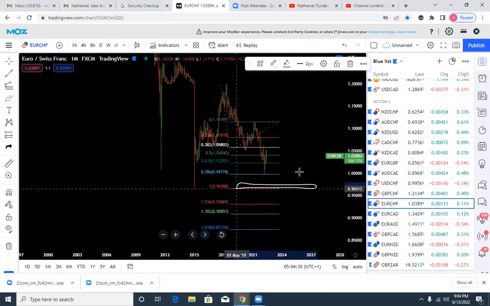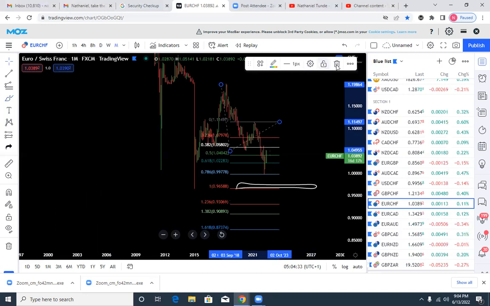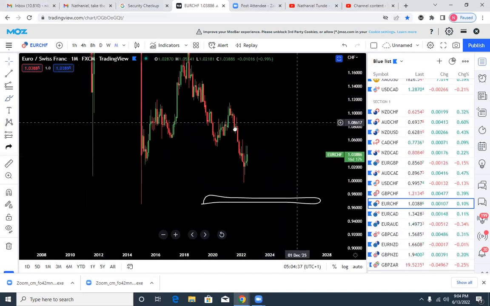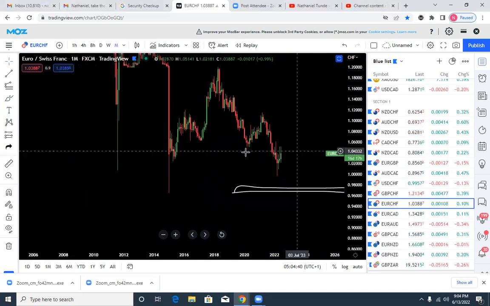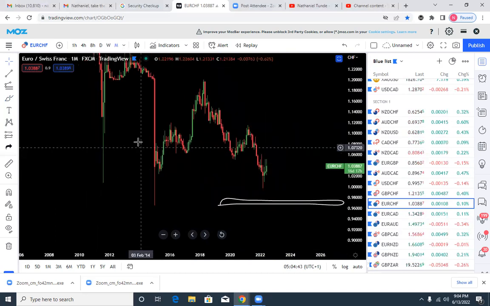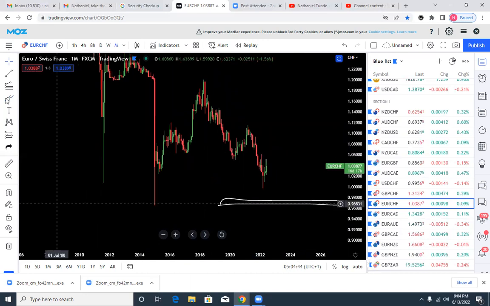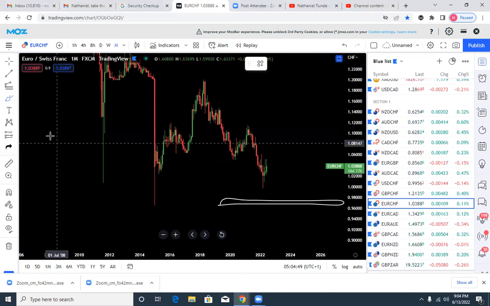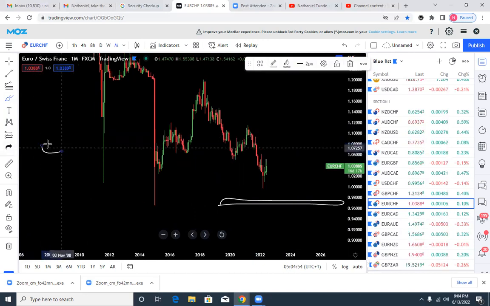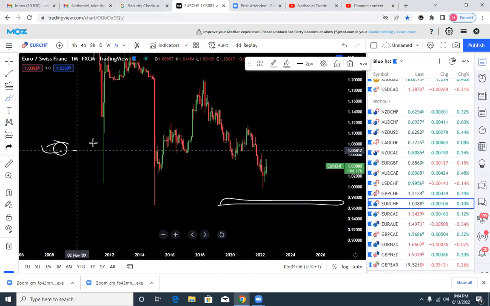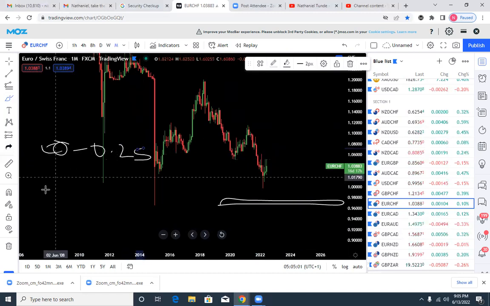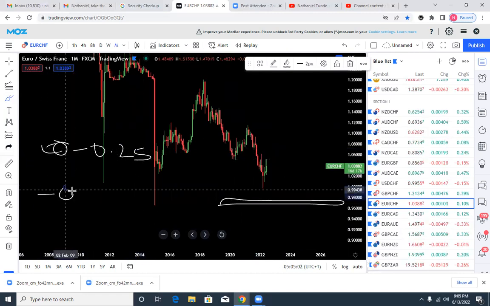And this area that we're expecting Euro CHF to come tallies with the fundamentals that we have before us. If you go to trading economics and you see the fundamentals, you see that the interest rate of Euro has been increased a little bit from zero to 0.25, and that of CHF still remains minus 0.75.